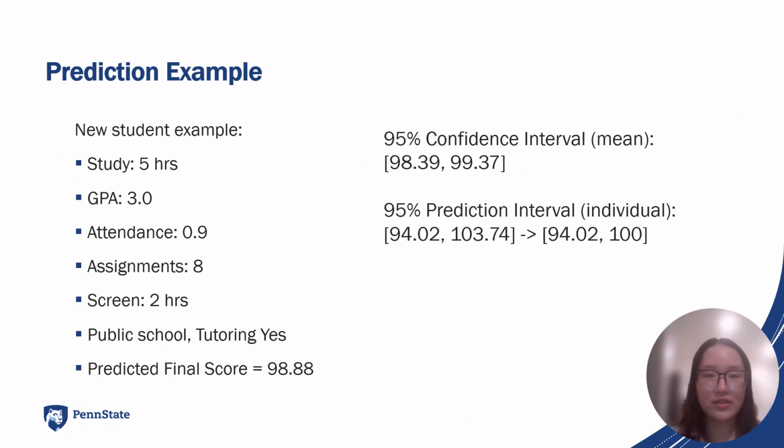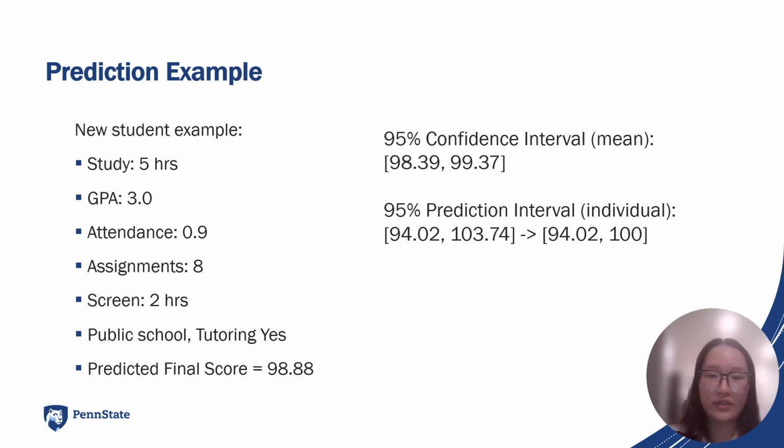And finally, we make a prediction for a new student by using this model. The new student's information is shown on the slide. We have the 95% confidence interval and the 95% prediction interval, which means we have 95% confidence that the average final exam score of all students with those same characteristics lies between 98.39 and 99.37 points.